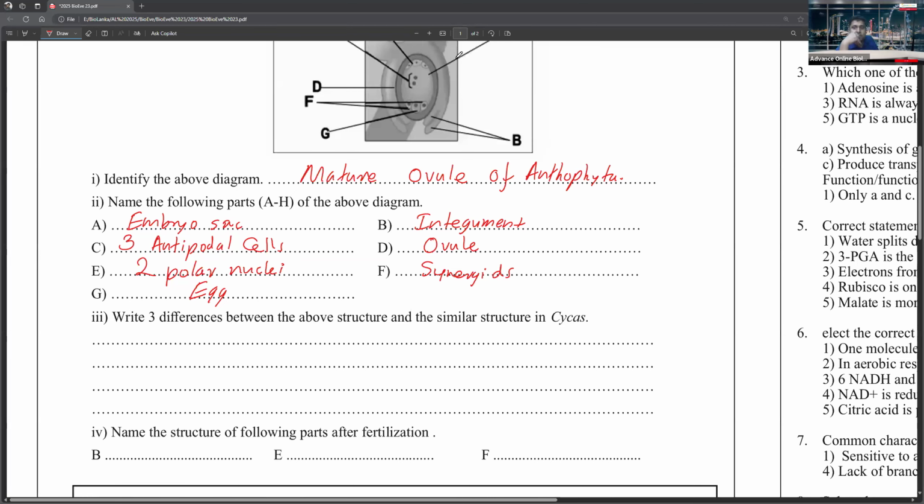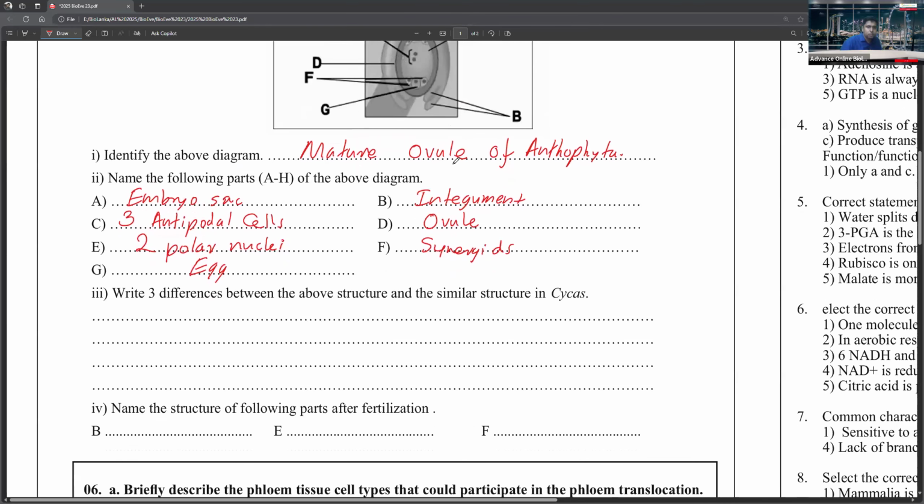Or shall we take the female gametophyte? Embryo sac. Above structure and the similar structure. Now we took it as a mature ovule. Then we'll take the mature ovule, we'll compare. Right? What are you going to say, people?